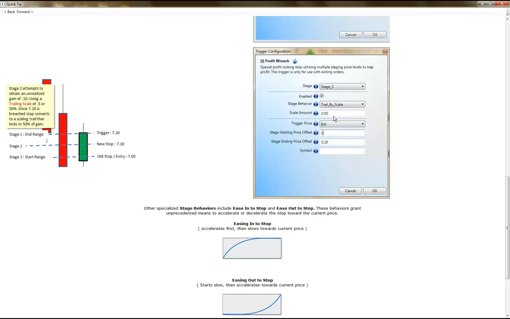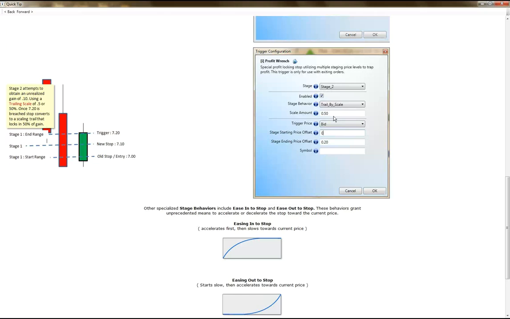But in scaling, if we bought at $5 and the stock reaches 6, 50% is 50 cents. Right. So if we had 50% of the gain. And if it moves up to $7, we will still be scaling.